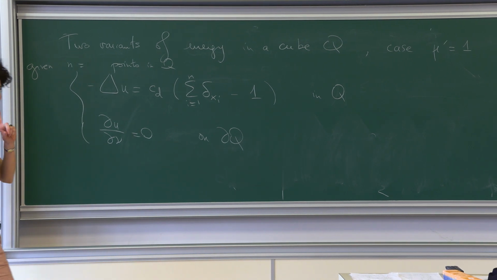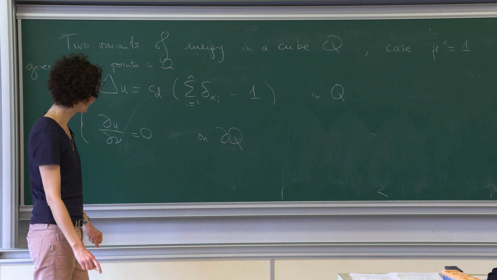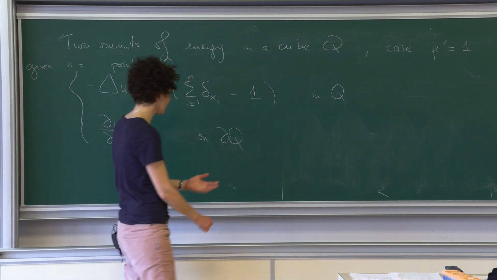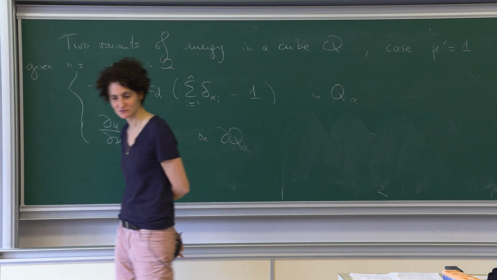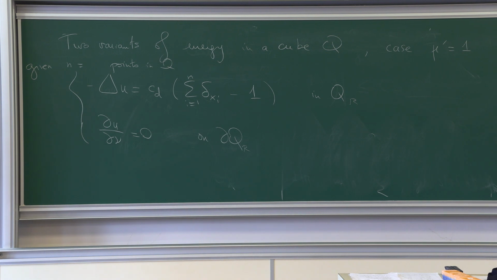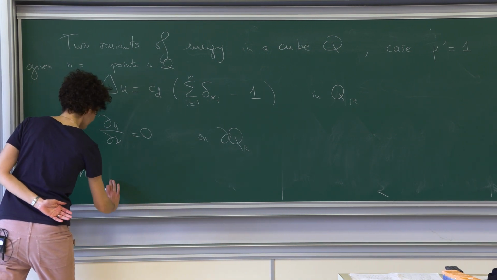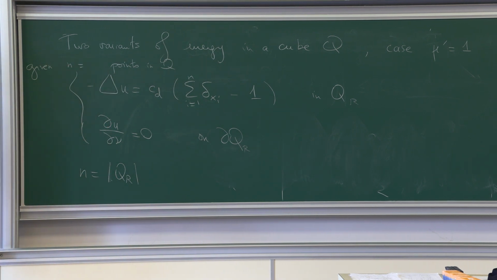Yes, you have an integral condition. The right-hand side. Your cube is of any size, cube R. So the condition is the number of points has to equal the volume of the cube, right? Absolutely. You agree, Cedric?